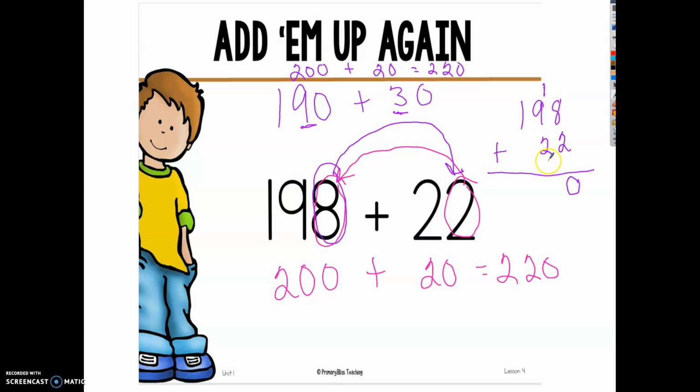Plus the 1 that I carried is 12. Put down the 2, carry the 1. Add the numbers in my hundreds. 1 plus 1 is 2. 3 different ways to get the same answer. That's pretty cool.